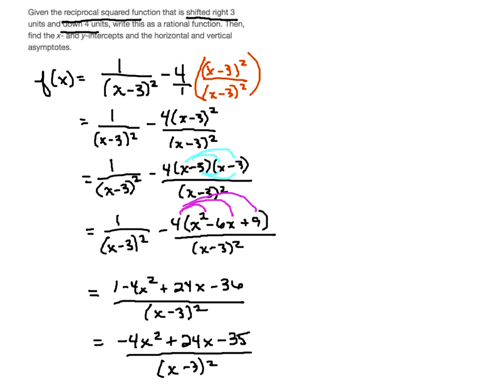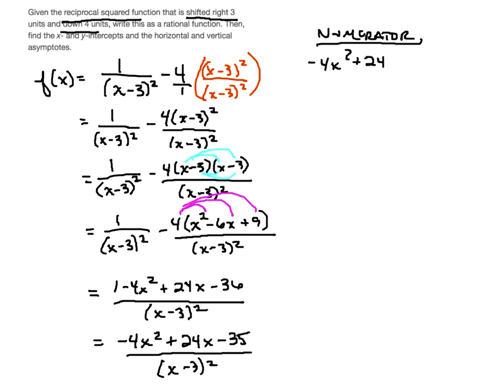Now I have to factor the numerator so that I can begin to identify these different pieces. So that's what I'm going to do. My numerator, I'm going to have to give myself another page for this one.